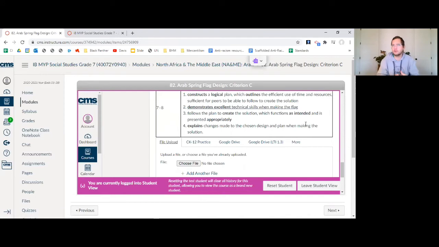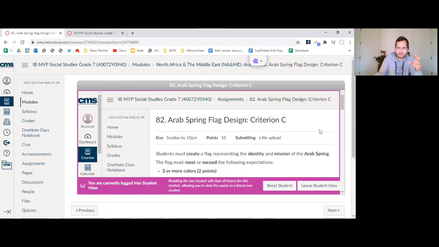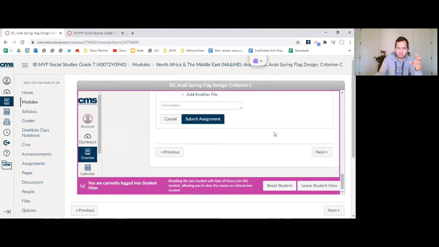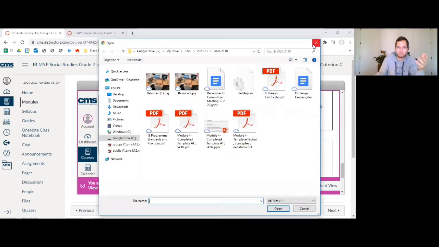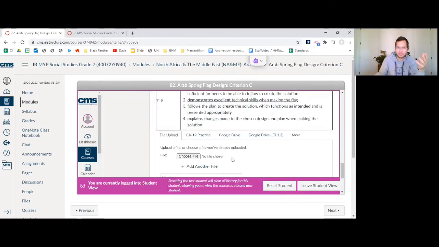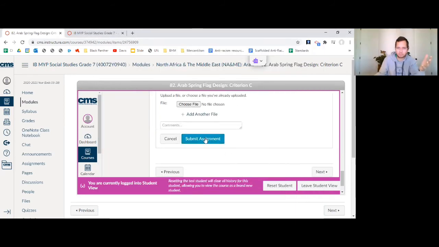You've downloaded your flag design as a PDF, JPEG, PNG, something along those lines. Then you go up here, there's a submit assignment button, and then it opens up your ability to choose a file, find your file, and then hit submit. That way I'll see it in my SpeedGrader.